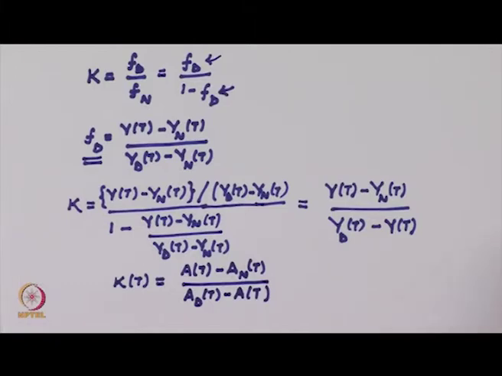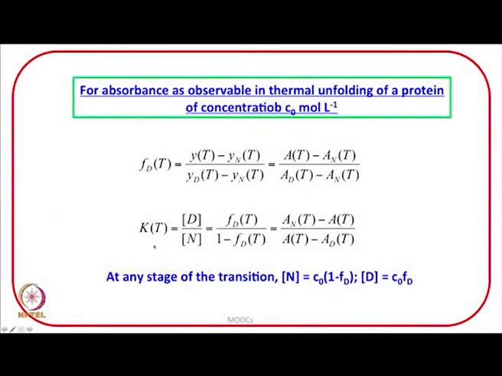Now, let us go back to the slide, and that is what is shown over here: we can get the equilibrium constant at any temperature from the spectral measurements. And once I have the temperature dependence of this equilibrium constant, I can easily get the enthalpy.